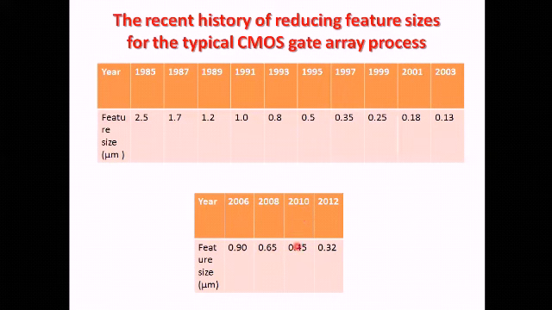In 2010, it is 0.45 micrometer, that is 45 nanometer. And in 2012, it is 0.32 micrometer, that is 32 nanometer. So we can consider there is a proportional scaling of all the 3 dimensions by the same scaling factor S.